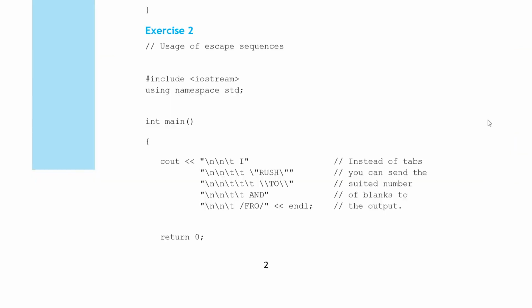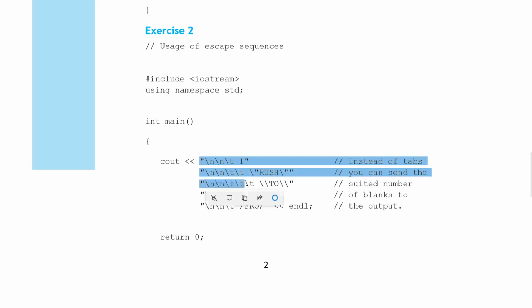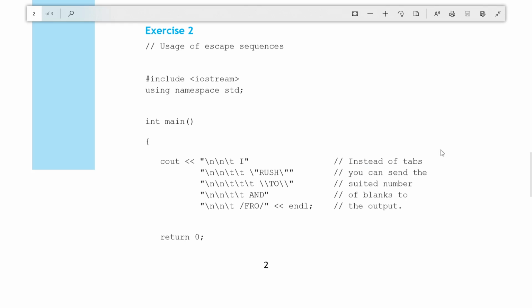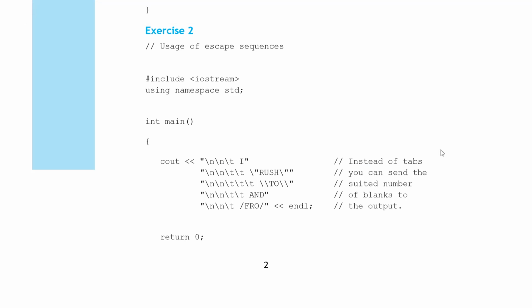For exercise number 2, you had to print out a special text sequence using a bunch of special characters and laying it out in a very specific way. The only way you could actually make it happen is if you were using escape sequences. As you can see here, we've got a ton in the solution. So let me show you what that's going to look like once we run it.